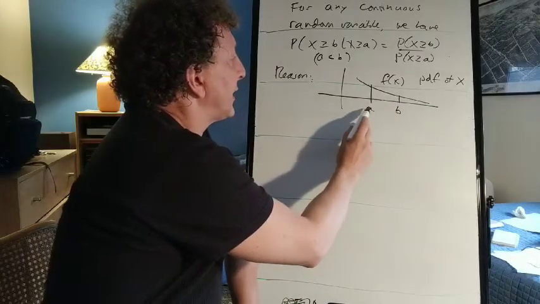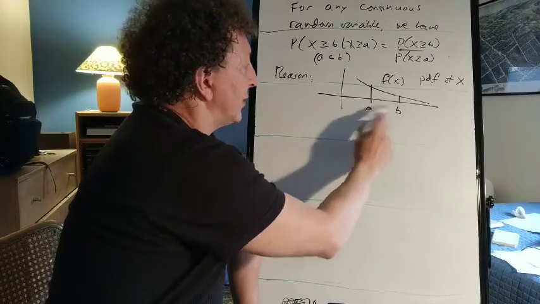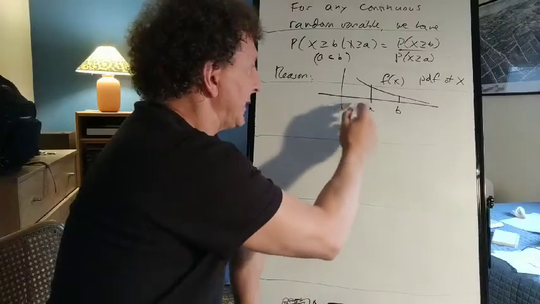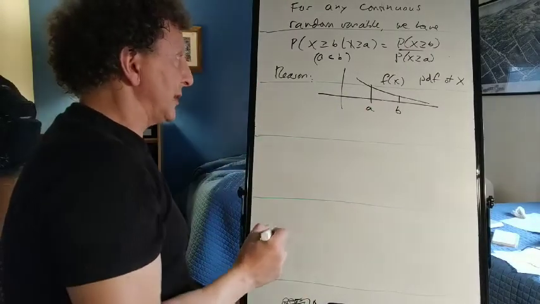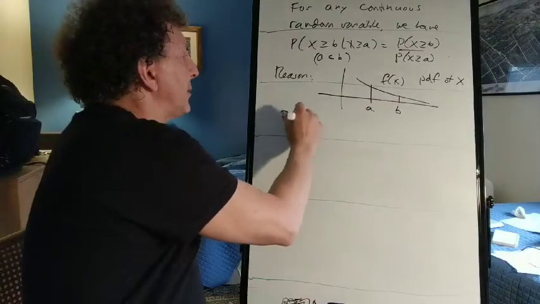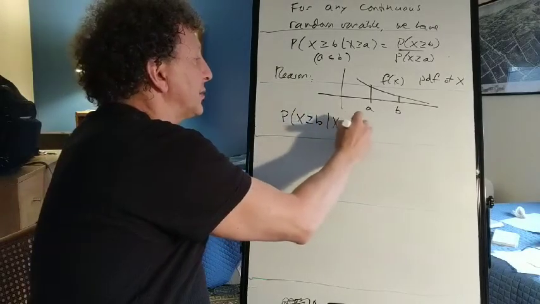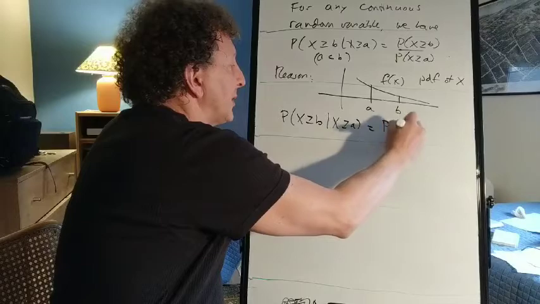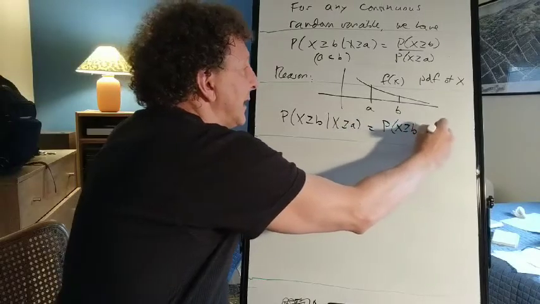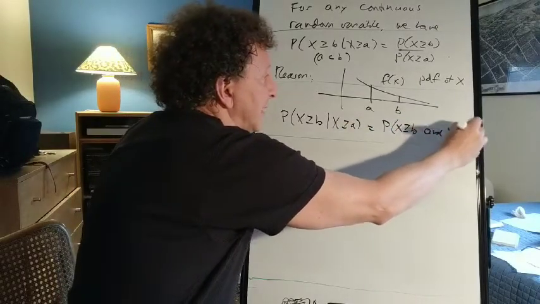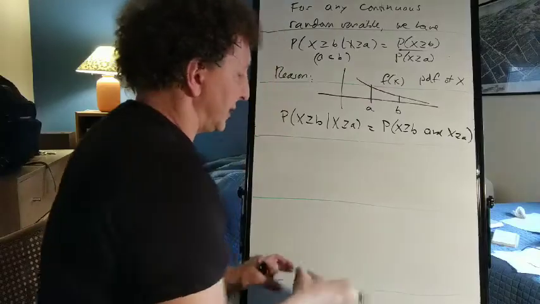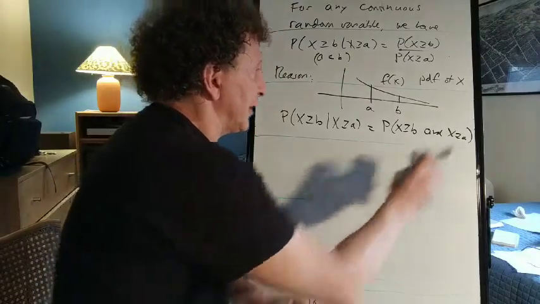So if we know that x is greater than or equal to a, what's the probability that x is greater than or equal to b given that x is greater than or equal to a? So the probability that x is greater than or equal to b given that x is greater than or equal to a equals the probability that x is greater than or equal to b and x is greater than or equal to a, divided by the probability that x is greater than or equal to a.